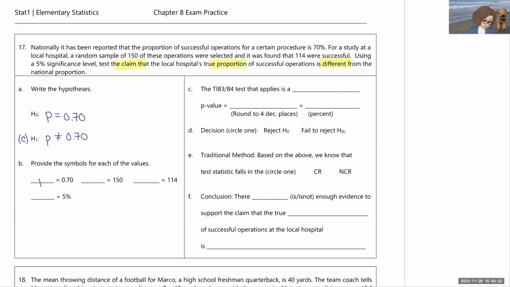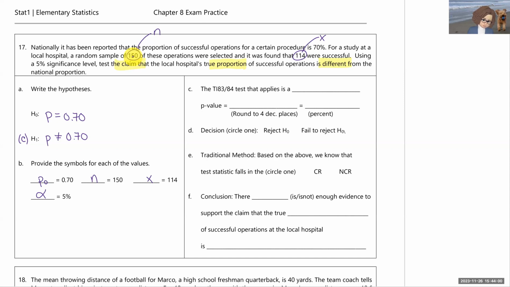All right, so symbol-wise then we've got our p naught. And then it was a random sample of 150 operations. So there's our n. And 114 of those, that's x, those were the number of successes. And then 5% is our significance level, so that's alpha.